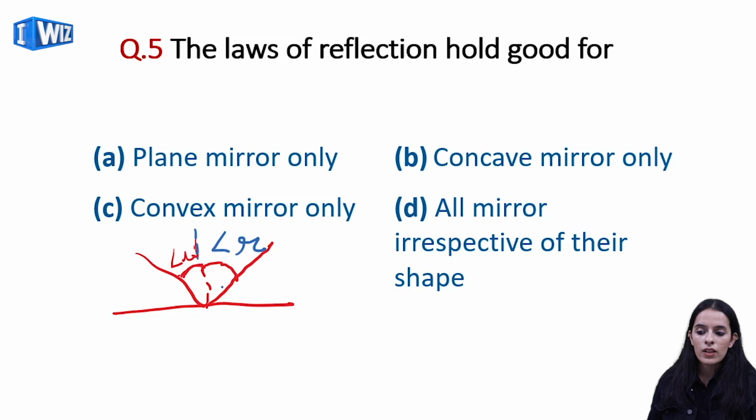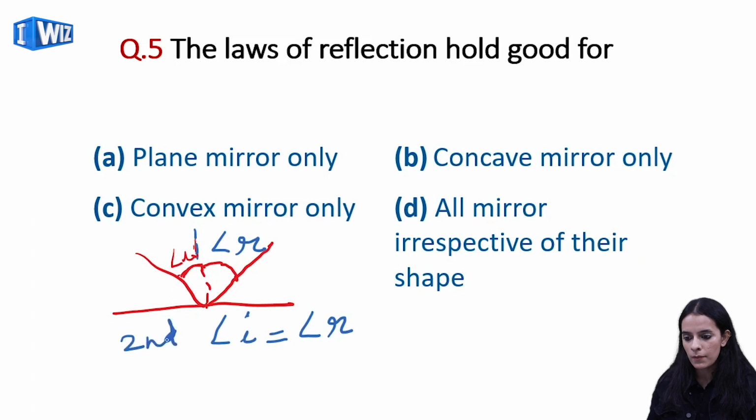Okay, so what is the first law of reflection? That the incident ray, the normal, and the reflected ray all lie on the same plane. This is the first law of reflection. And what is the second law? As we can see from here, the second law is that the angle of incidence is always equal to the angle of reflection.